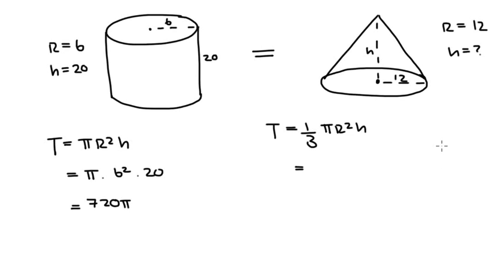We know that the volume is 720 pi because it's equal to that of the cylinder. So for my volume, I fill in 720 pi, and I fill in everything that I have on the right. So 1 over 3 pi 12 squared h.